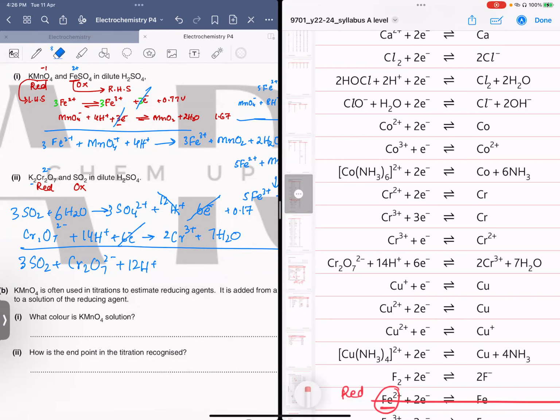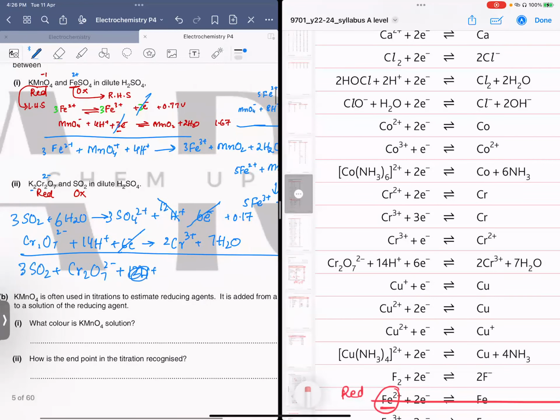Okay. No, 2 hydrogen ions. Sorry. So we are left with the 2 H positive ions and then 3 sulfate ions, 2 chromium ions, and 7 H2O.